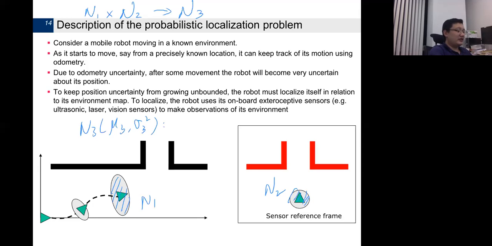What do you get? You will have mu3 from mu1 and mu2. And what about sigma? Sigma3 is smaller than sigma1, and it's smaller than sigma2.